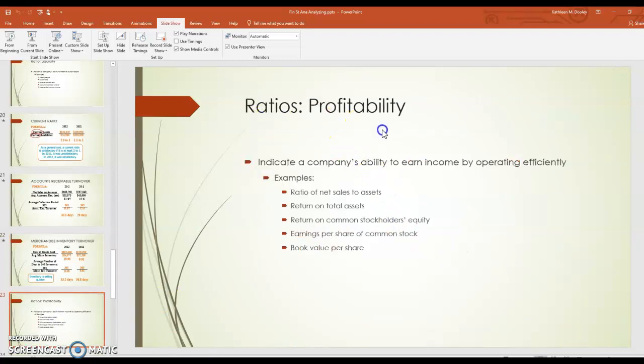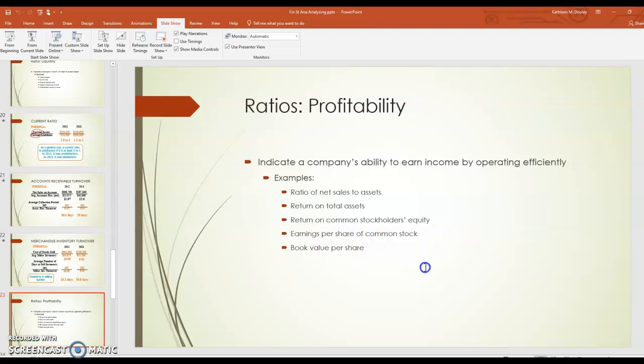Okay, profitability ratios. This is ratios looking at our revenues and expenses, and what kind of percentage of profitability we have. We're looking at net sales compared to the assets that we buy to help create those sales. We look at our return on the total assets, our return on common stockholders' equity, our earnings per share of common stock, our book value per share.